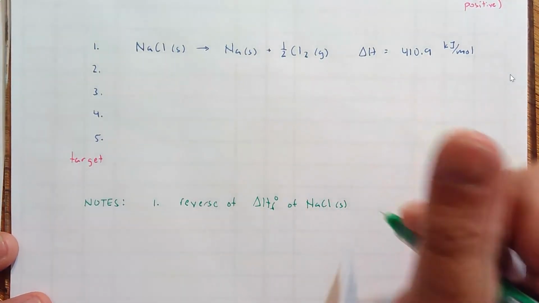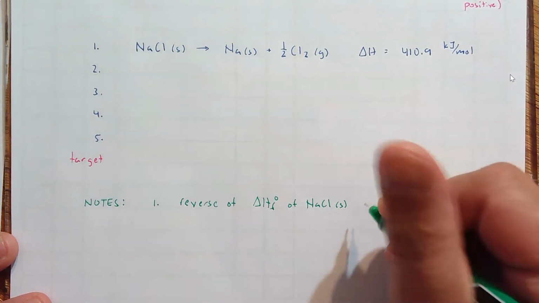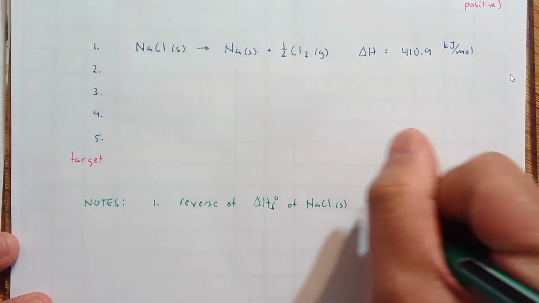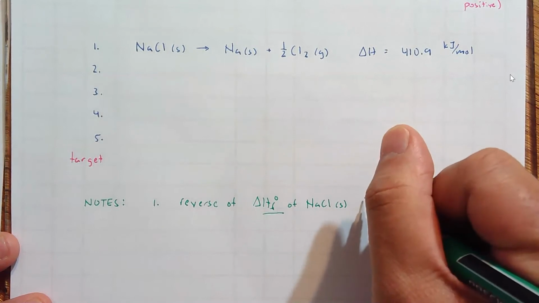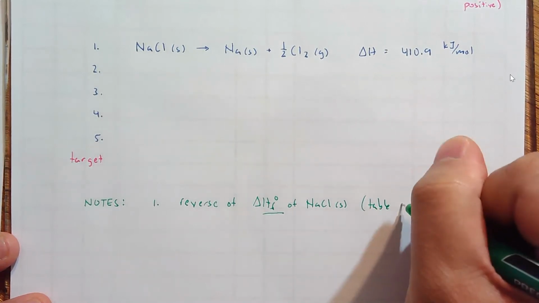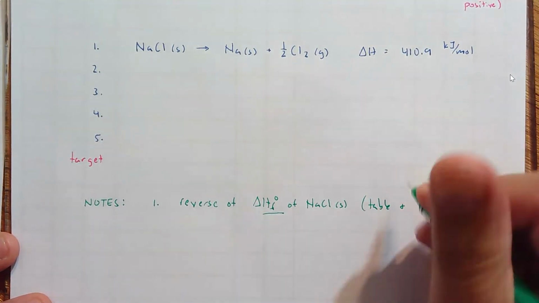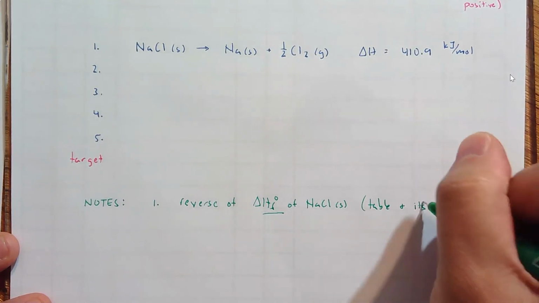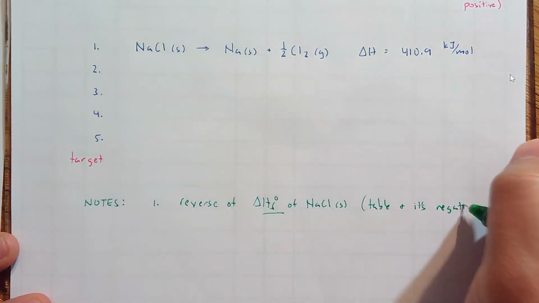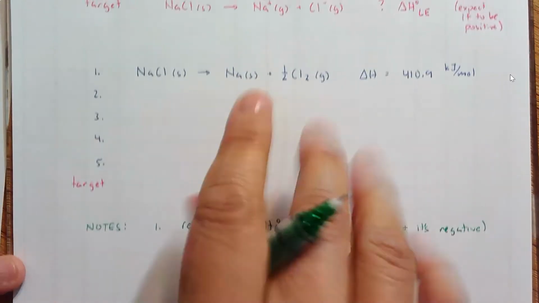And it's negative on that table. So this quantity is from a table, and it's going to be negative. Right?